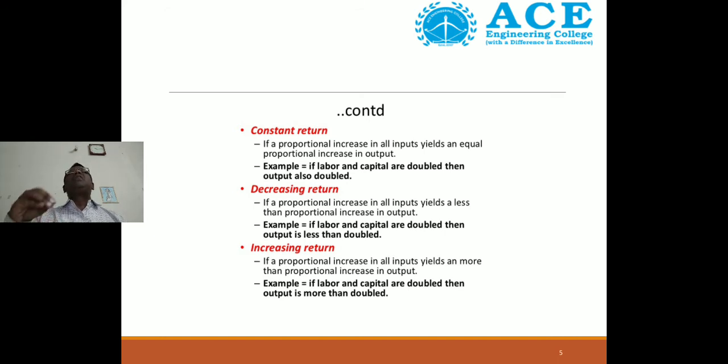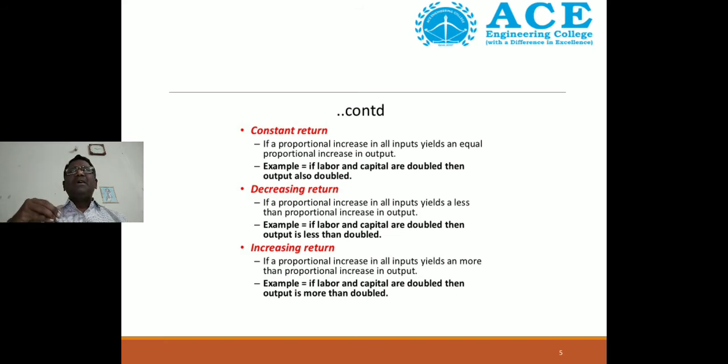That indicates alpha plus beta equals 1. Whereas decreasing returns to scale means a proportional increase in all inputs yields a less than proportional increase in output. Example: if labor and capital are doubled, then output is less than doubled.